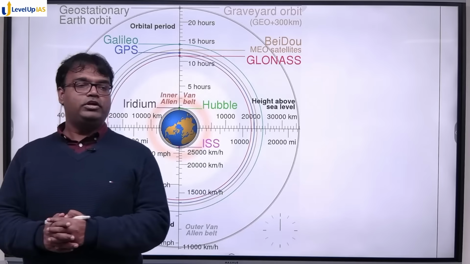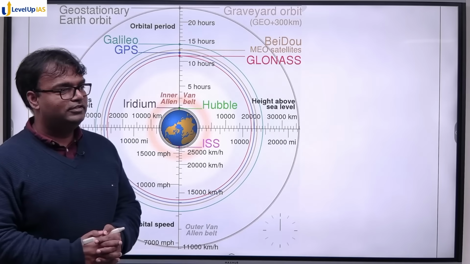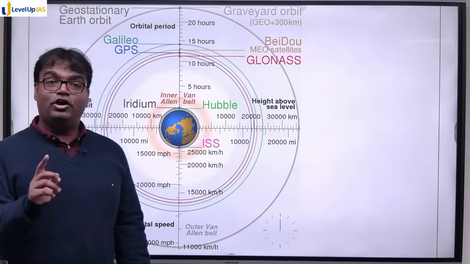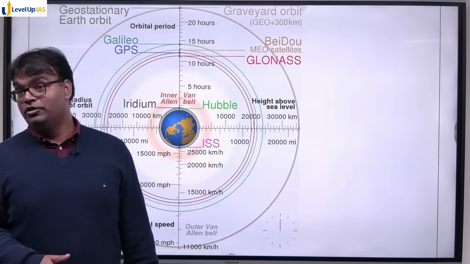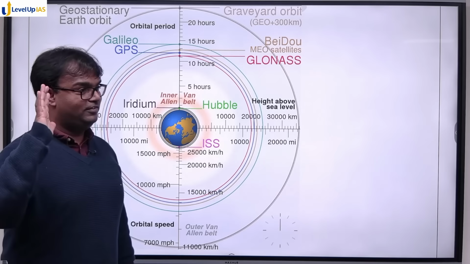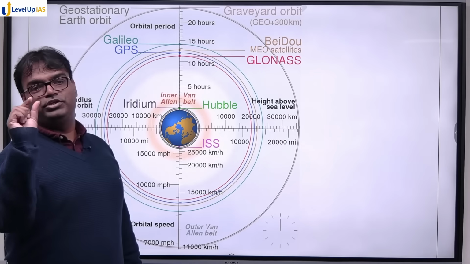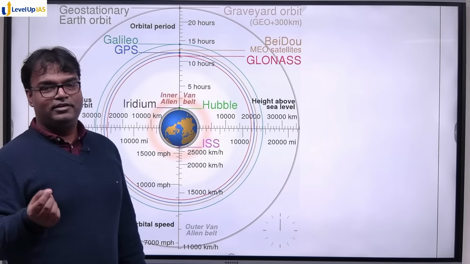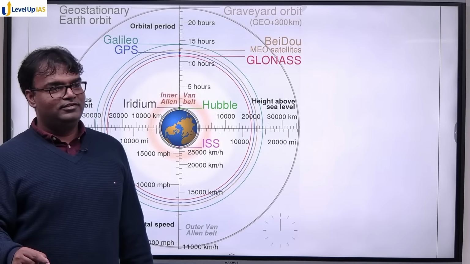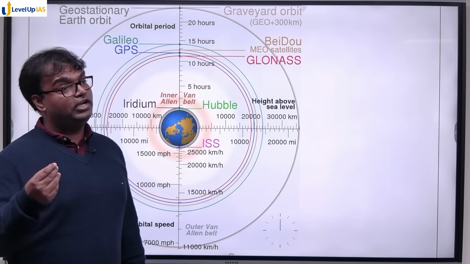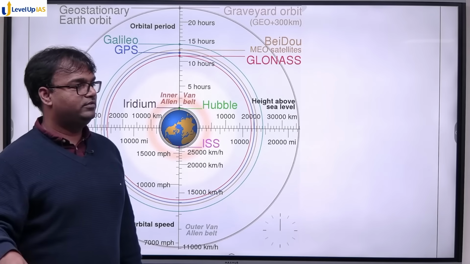I'm not asking your condition. Right? Now, if an object is moving at a speed of 20,000 km per hour or 25,000 km per hour, उसके सामने एक छोटा सा ऑब्जेक्ट भी आ जाए, एक पिन आ जाए छोटा सा, that the impact of that would be so much that it would be destroyed.